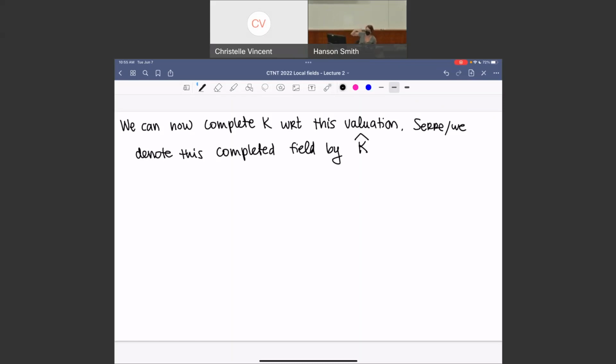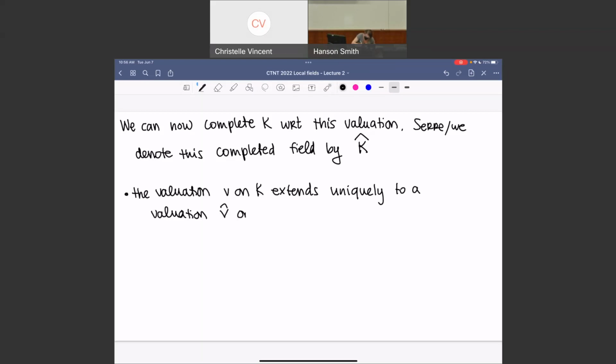The flat hat is pretty standard, I feel, for an algebraic closure, but pointy hat is standard for a completion. Anyway, the valuation v on K extends uniquely to a valuation v hat on K hat, which is also discrete.